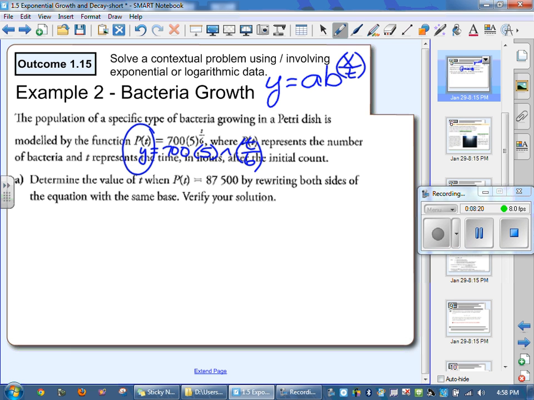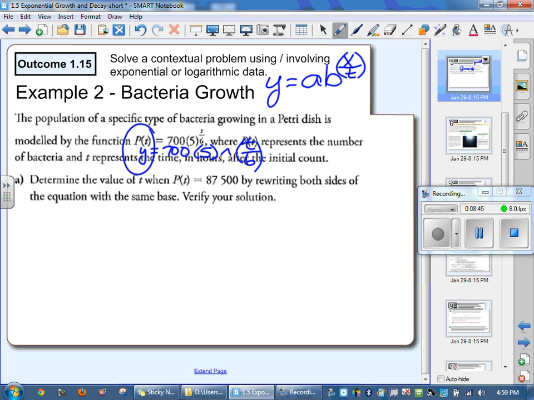The 700 is standing for the starting amount of bacteria we have. What is the 5 telling us? Well, it's telling us that it's multiplying by 5 every time. Well, what's that 6 telling us? It's telling us that it's going to multiply by 5 every 6 hours. Because 6 is the period of change, so it's going to be our multiplication factor. So how often does it multiply by 5?